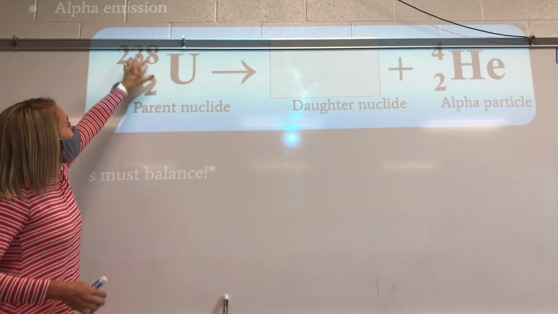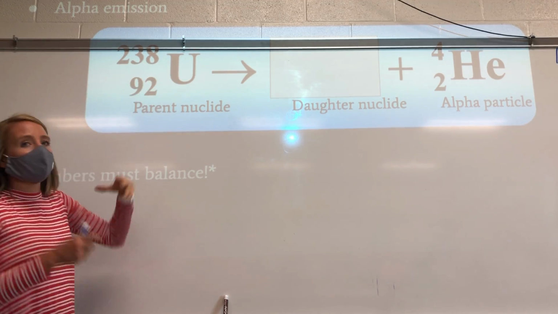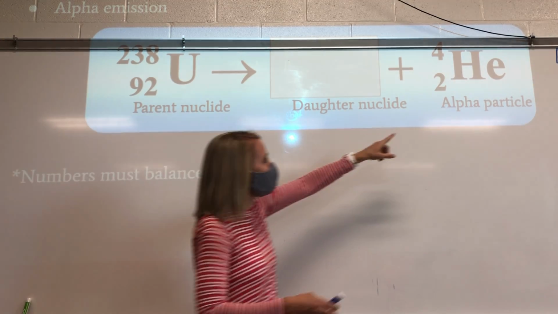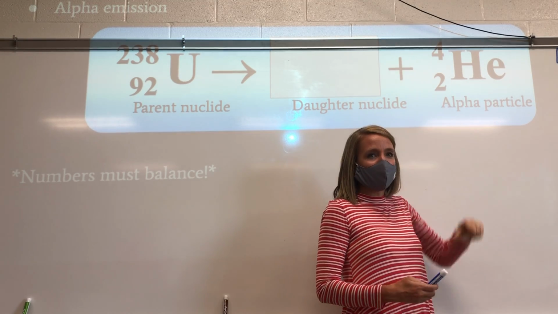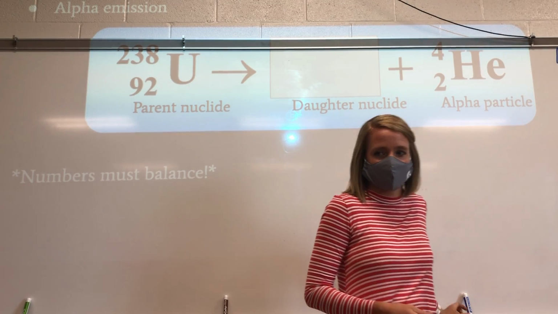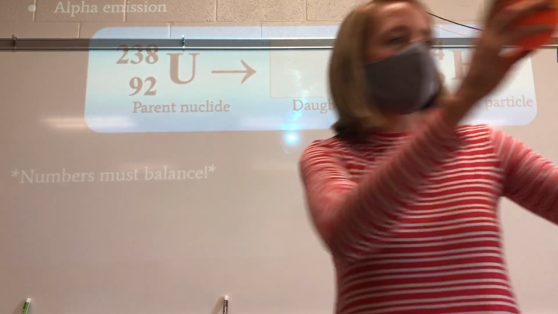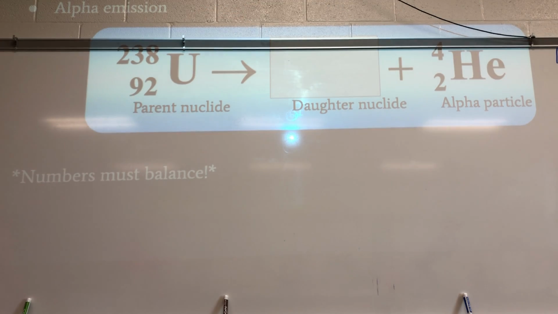So right now we have uranium-238. It's going through an alpha decay, which means it's kicking out an alpha particle from its nucleus. If this is my nucleus, with protons and neutrons, alpha decay means throwing an alpha particle out. The paper didn't stop that, guys.